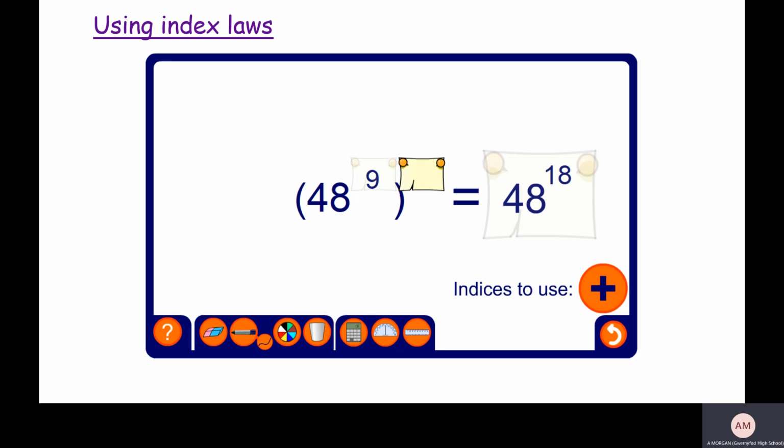Okay, hopefully you worked it out. Hopefully you worked out that it is 2, because 48 to the power of 9 all squared makes 48 to the power of 18, because it's 9 times 2.